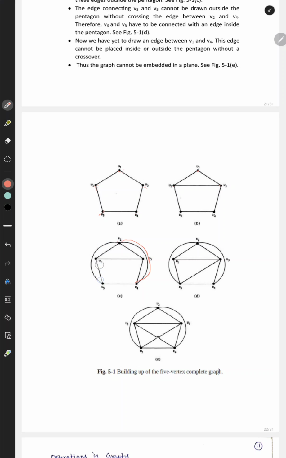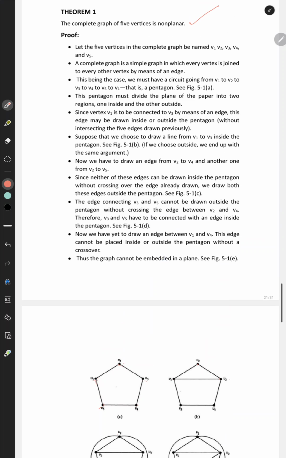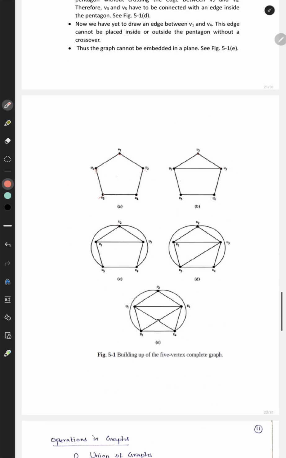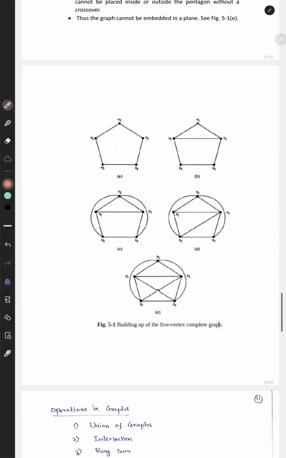So in the next stage, you have to draw your v2 v5 and v2 v4. They can only be drawn outside, right? These steps are basically described in the proof here, so you have to write them in words and give the supporting diagram also.